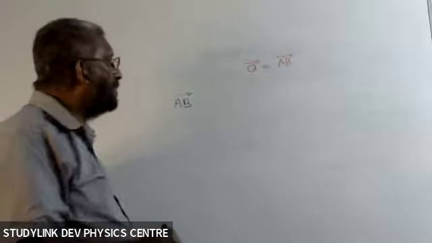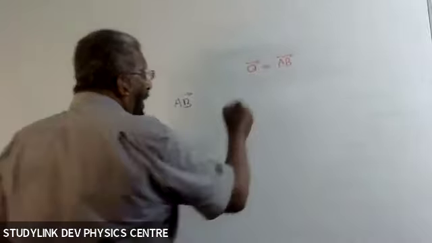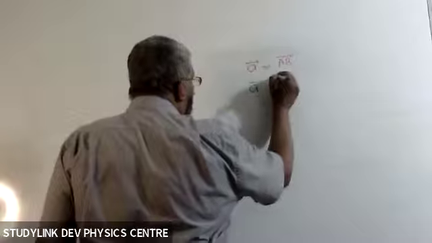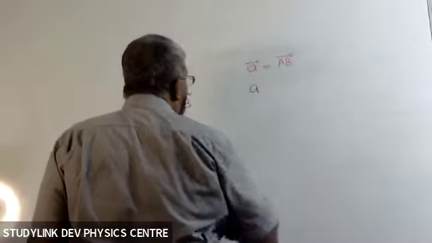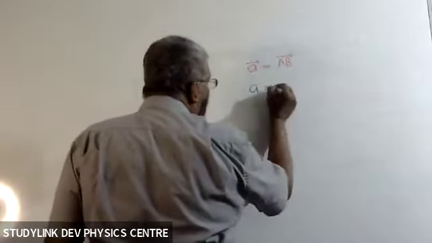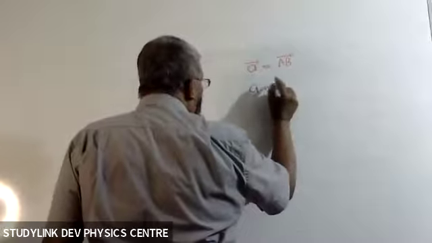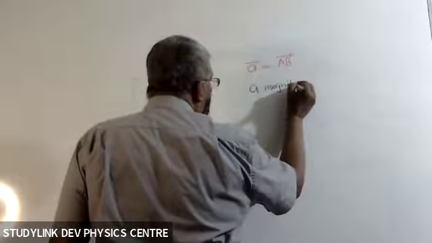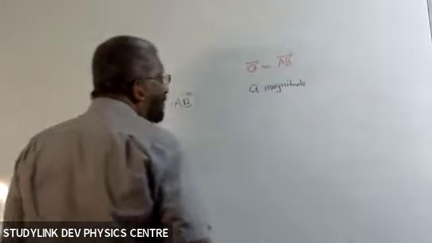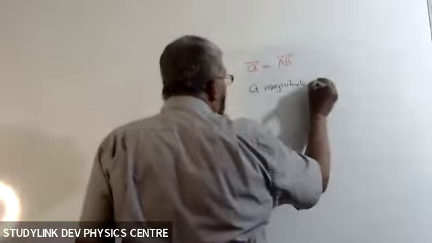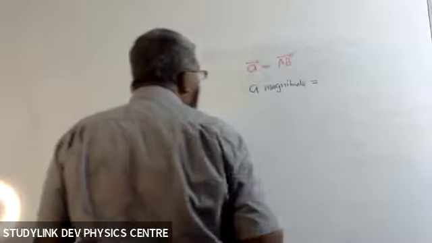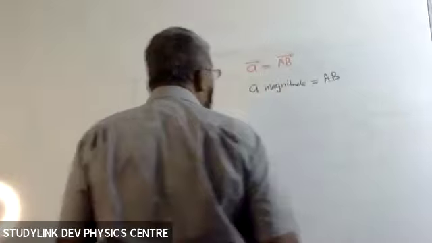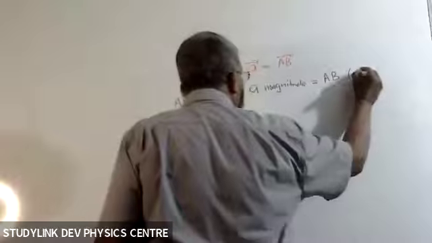Then remember these things. Vector A magnitude, magnitude means the value, must be equal to length AB.